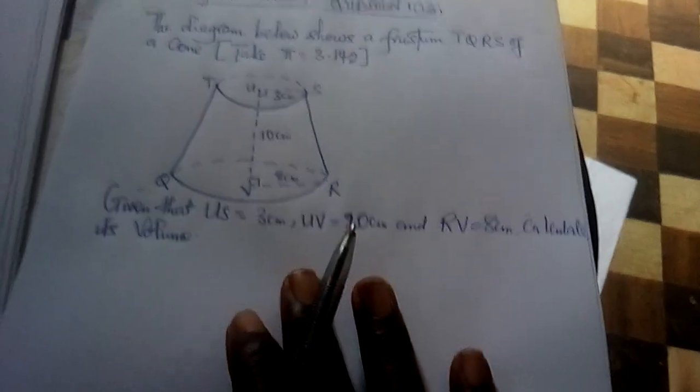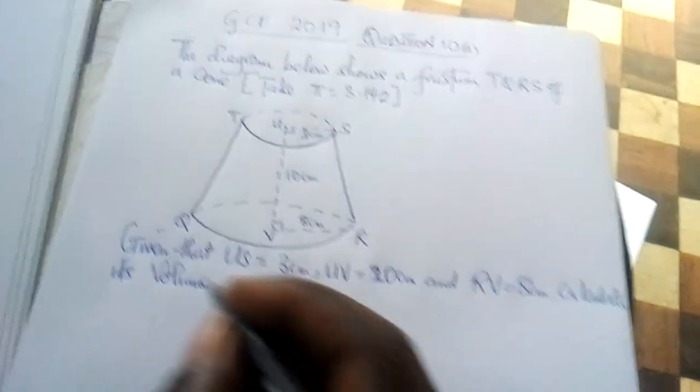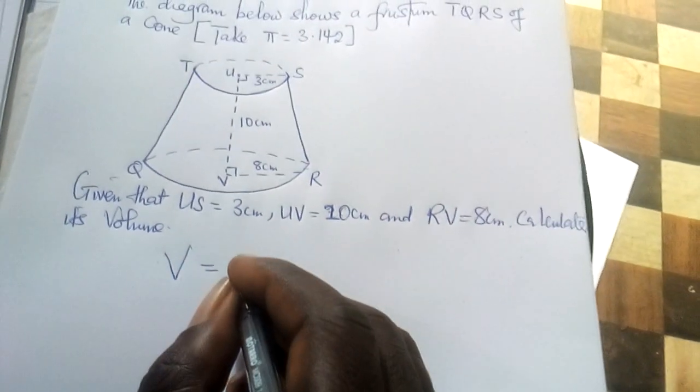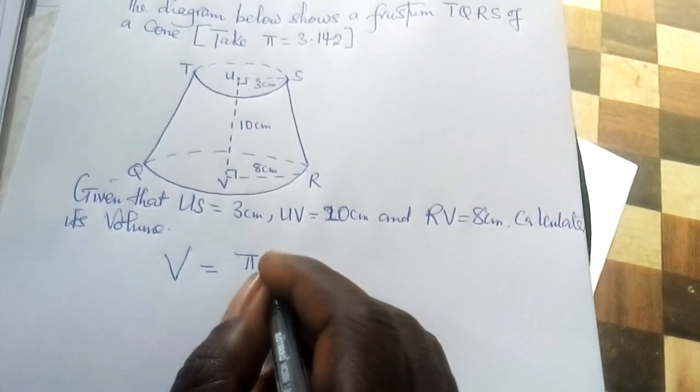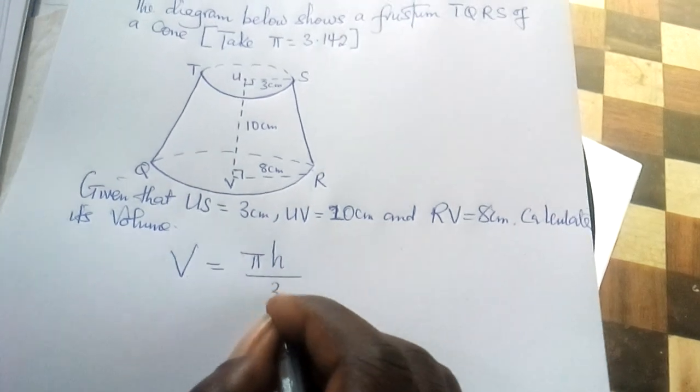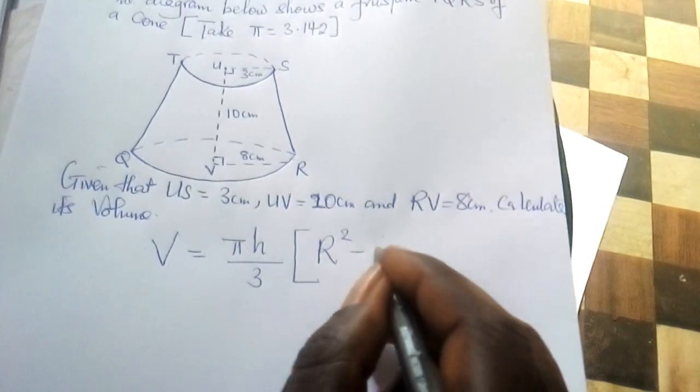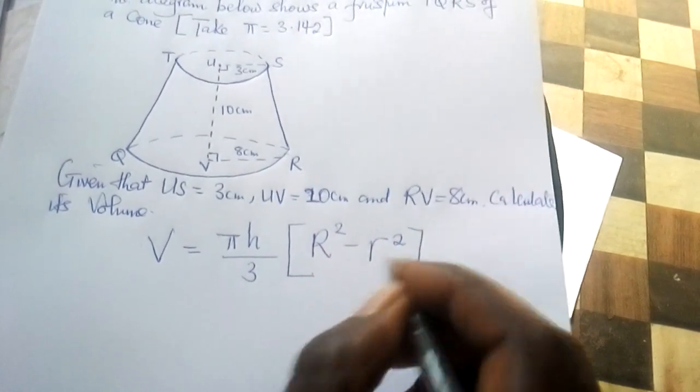So the formula for finding the volume of a conical frustum looks like this. It's V equals pi h divided by 3, times capital R squared minus small letter r squared.